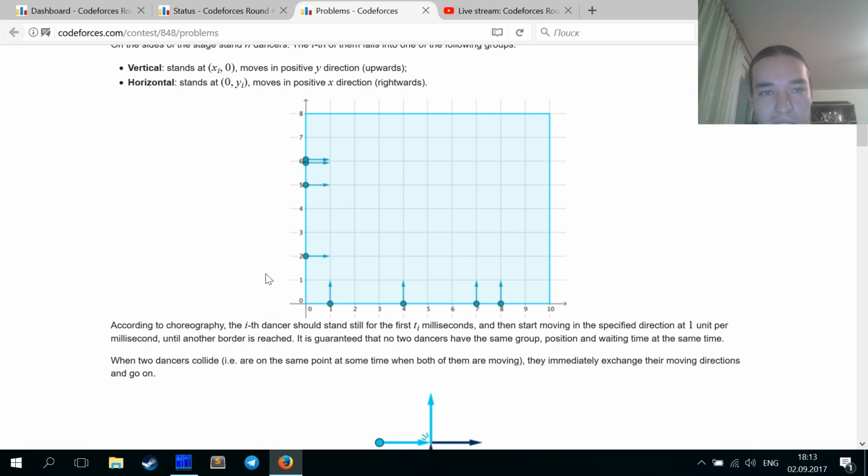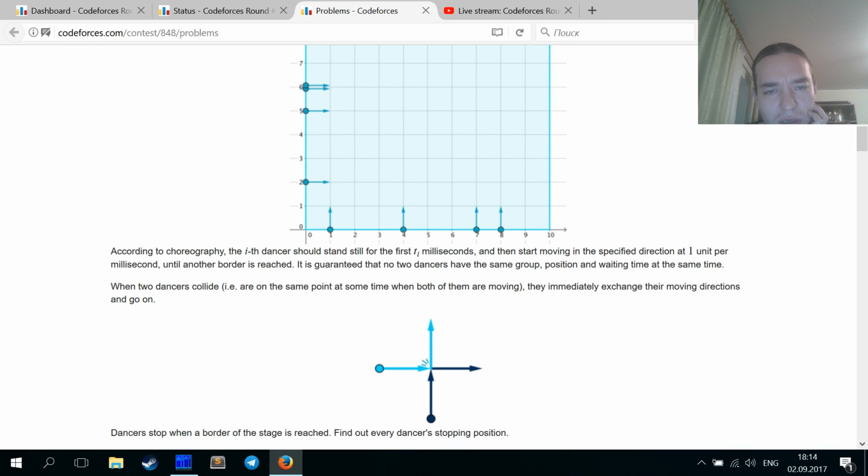So okay, we know that if all the guys were indistinguishable, then we would just ignore the fact that they bounce, because we could just pretend that everyone preserves their direction.